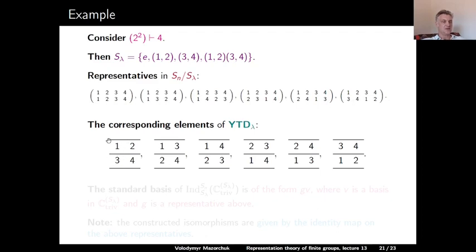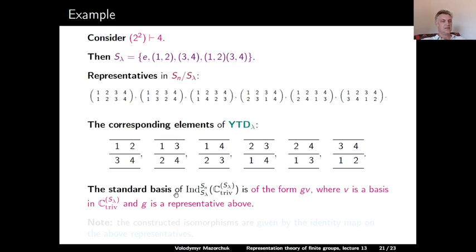So the identity gives us the standard tabloid, 1, 2, and 3, 4. Then we can place 1 and 3 in the upper row and 2, 4 in the second row. 1, 4 in row 1, 2, 3 in row 2, 2, 3 in row 1, 1, 4 in row 2, 2, 4 in row 1, 1, 3 in row 2, 3, 4 in row 1, 1, 2 in row 2.